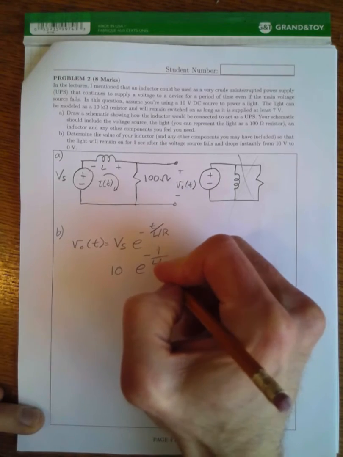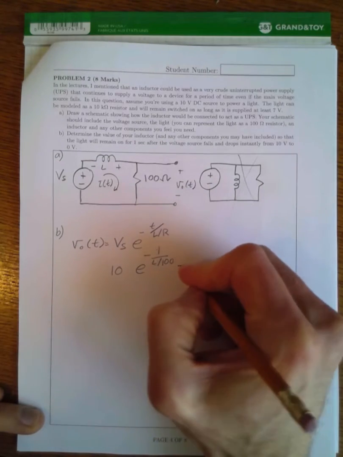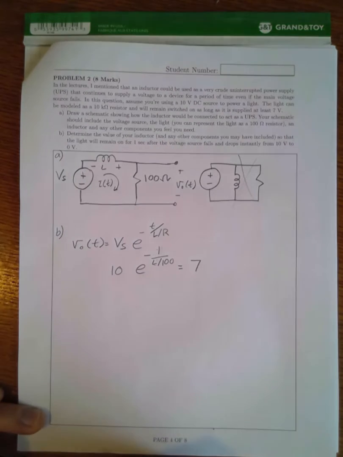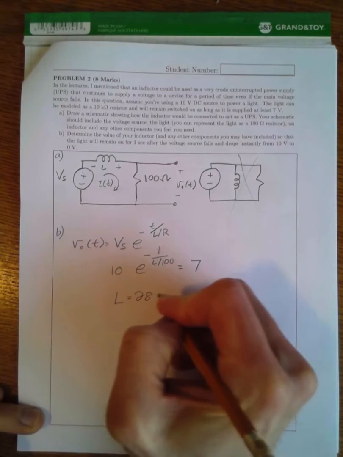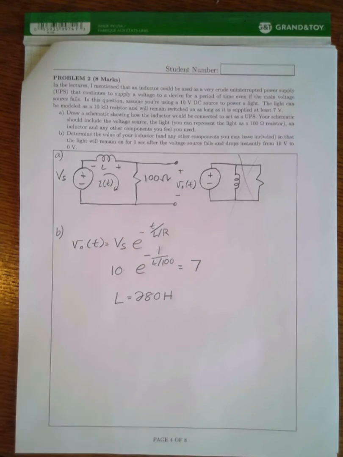L is what we're solving for, R is 100, and this is equal to 7. And if we solve for this, L is equal to 280 henries.